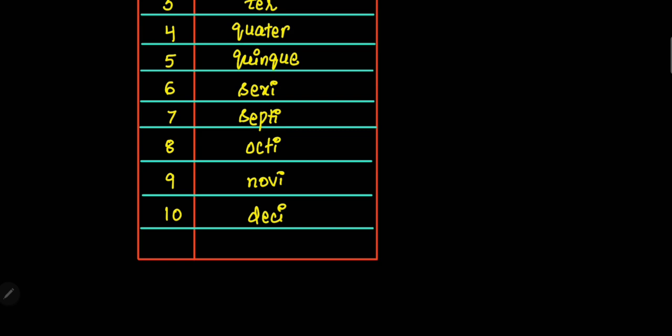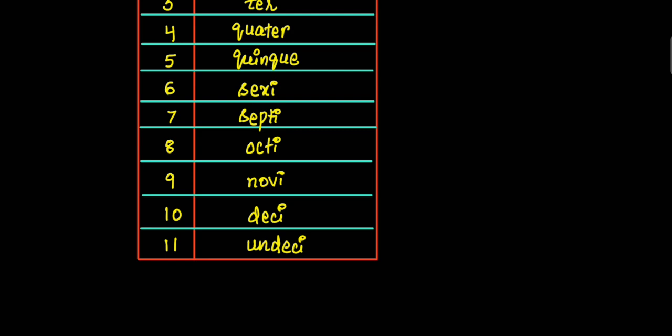Suppose I have to name 11. For this 11 usually it was undeka. Now in this case we use undeci. So instead of a we are using i. Undeka for the previous prefix, undeci is here. Previous prefix means the basic prefix that we discussed.